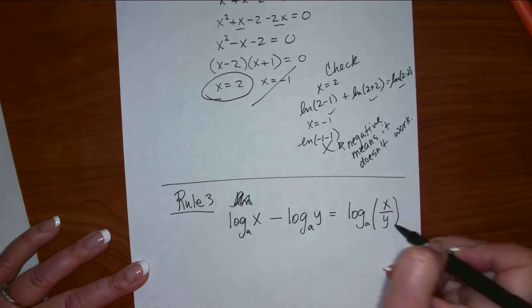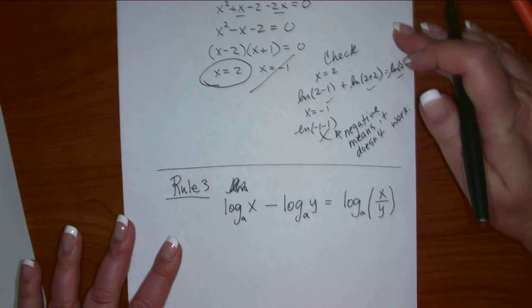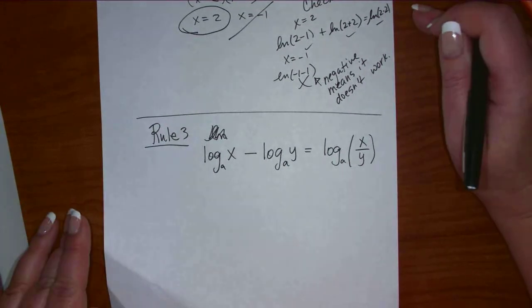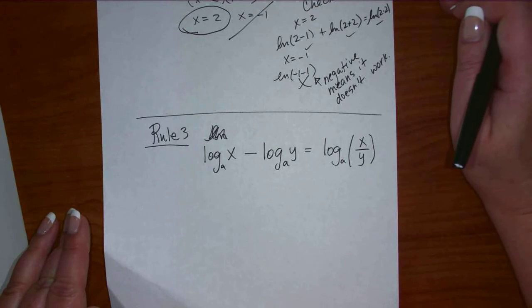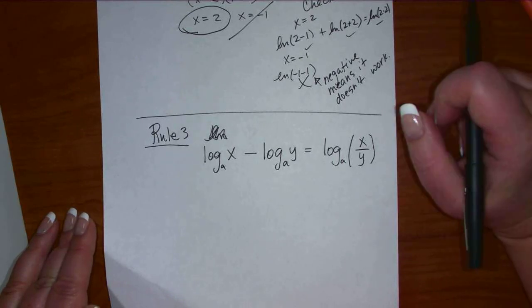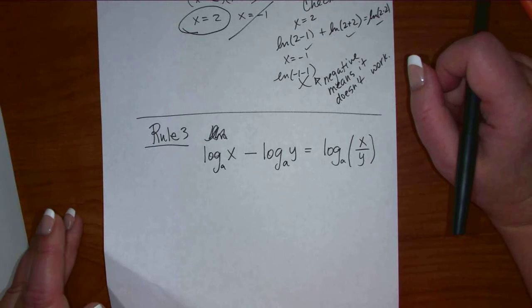You divide. So if there's a plus in between, you add, or you multiply, and a minus in between, you divide. The divide ones are actually easier. You end up with a fraction, but to solve a fraction, you cross multiply.